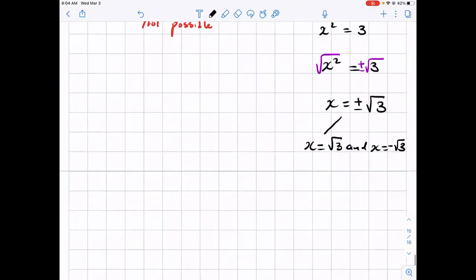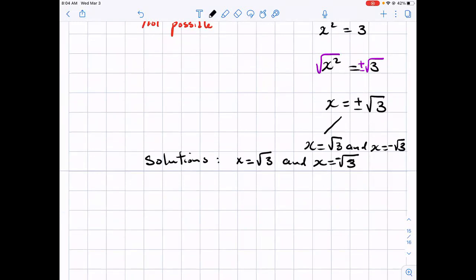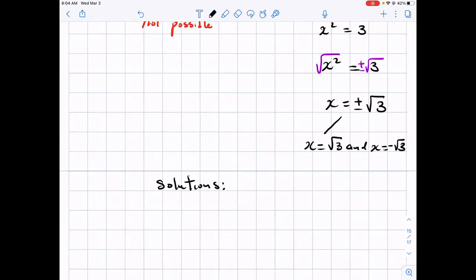So our solutions: x equal to the square root of 3, or x is equal to minus the square root of 3.